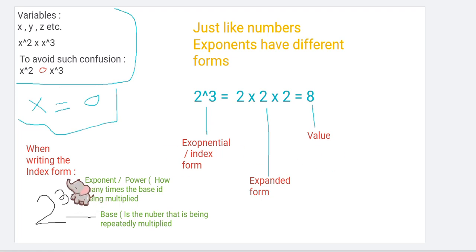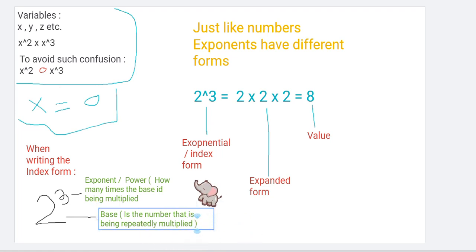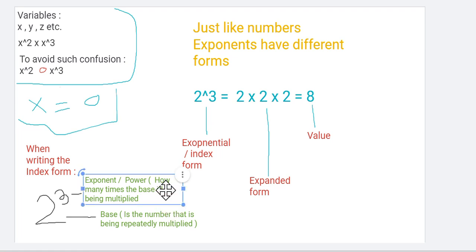We learned how to write in index form. We learned that the number that is being repeatedly multiplied is the base, and the exponent is how many times a number is being multiplied.